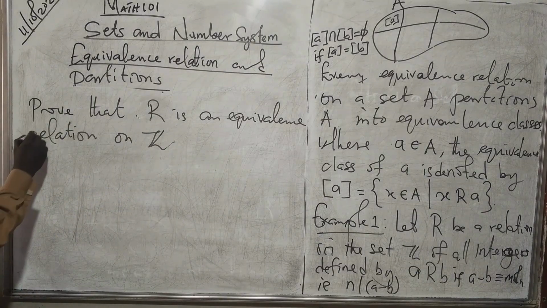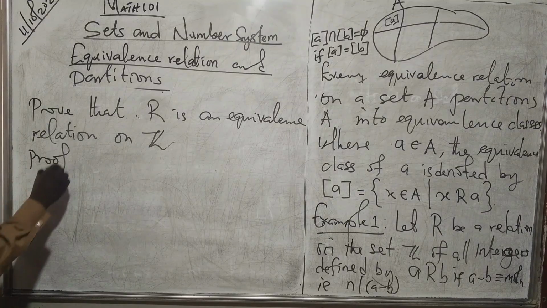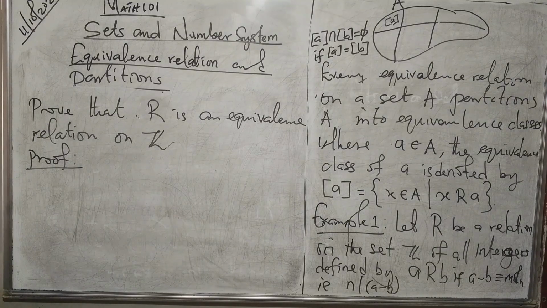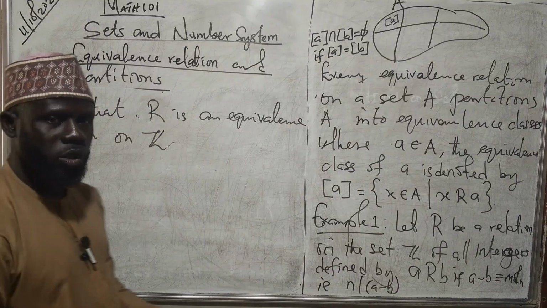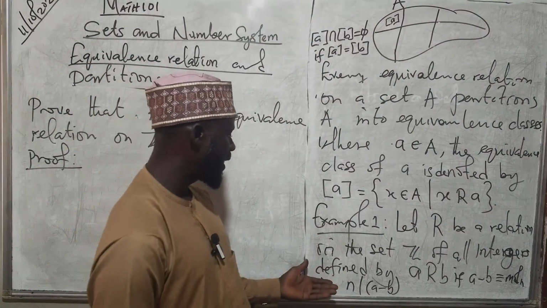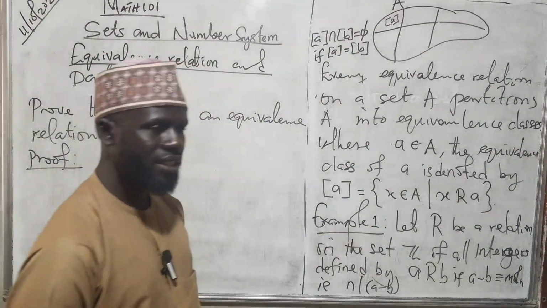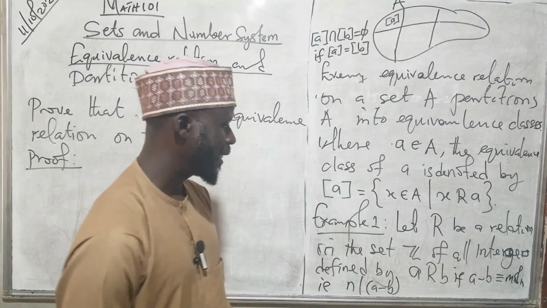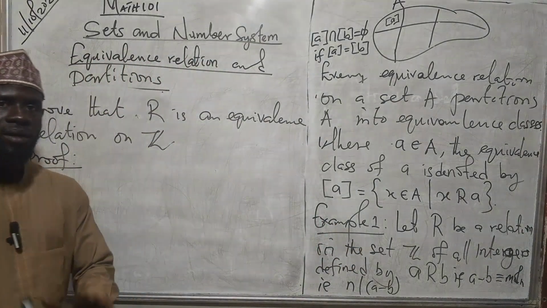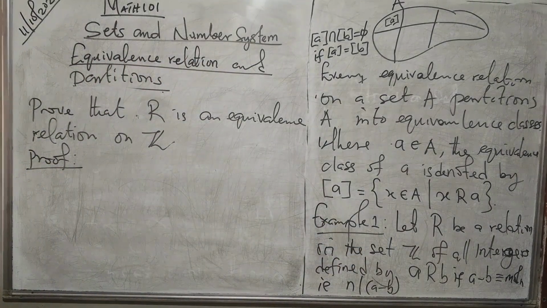Now the proof. To prove that, we just make sure that R is reflexive, symmetric, and transitive on the set Z of all integers.